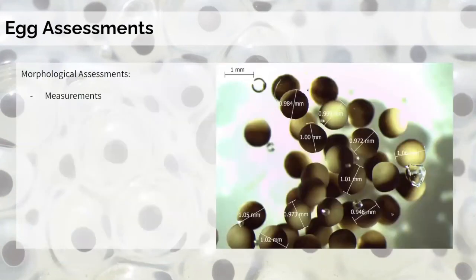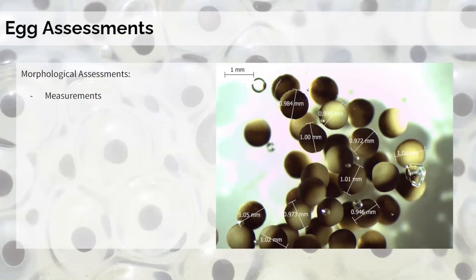And to get a little bit more in depth with some egg quality assessments, measurements is a really easy one that you can do just to address how developed your eggs are, and if they are viable. There's some research indicating that larger egg size is directly related to maternal investment, and usually larger egg size leads to healthier, more robust tadpoles in some species.